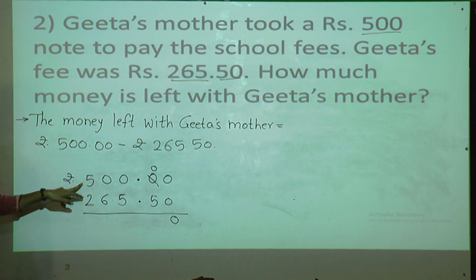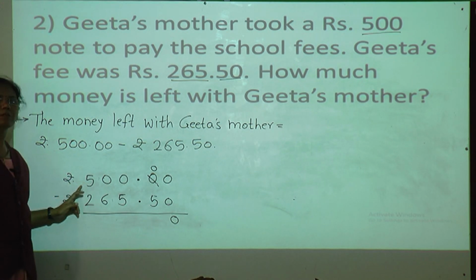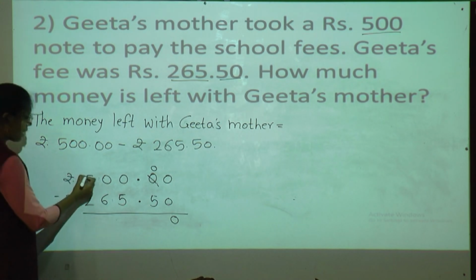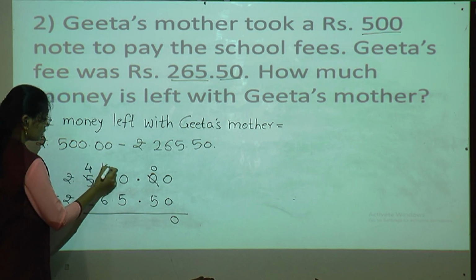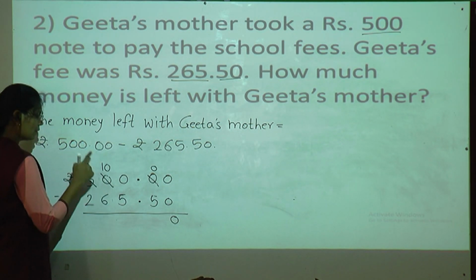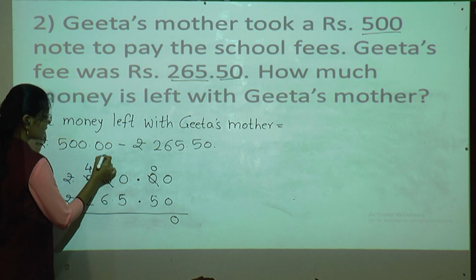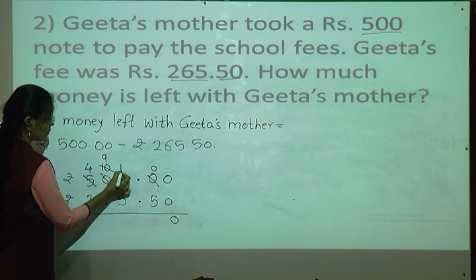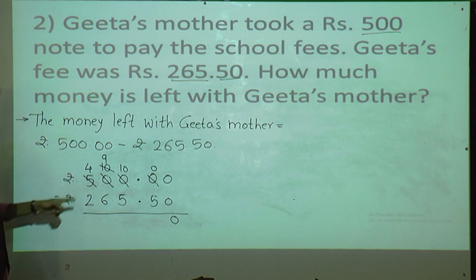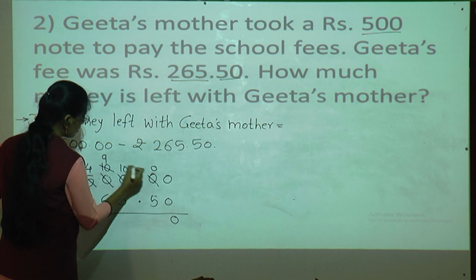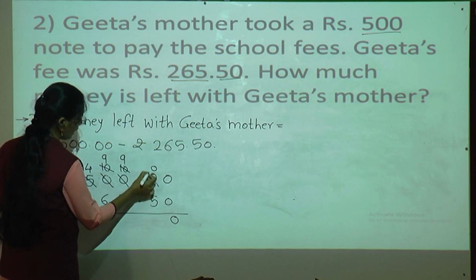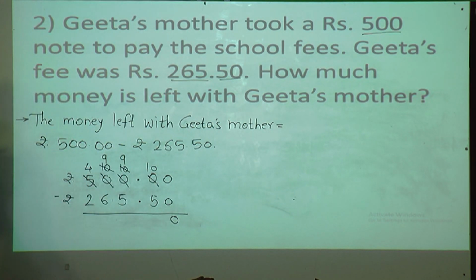Here this neighbor is having 5, so we will take one borrow from this 5. So 5 minus 1, here 4 will remain, and this 0 will become 10. Now from this 10 we will take one borrow, so this 10 will become 9 and this 0 will become 10. Now again from this 10 we have to take one borrow. Okay, so this 10 will become 9 and this 0 will become 10.